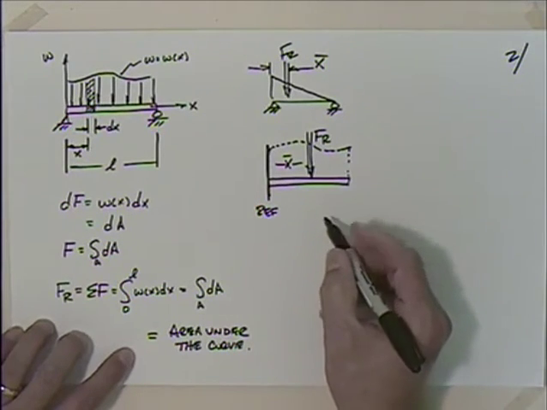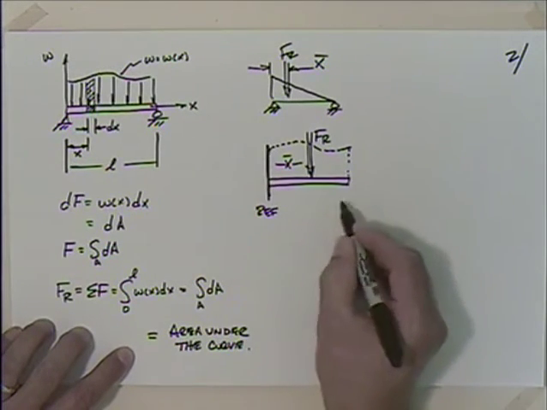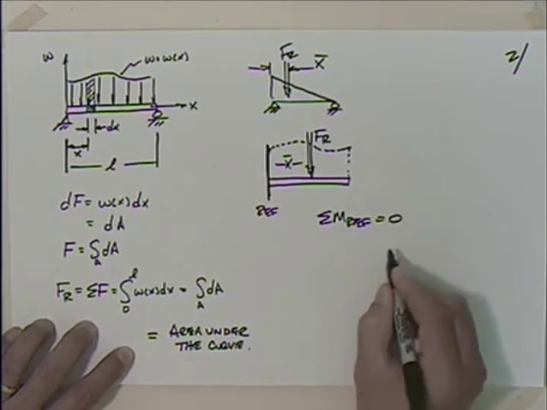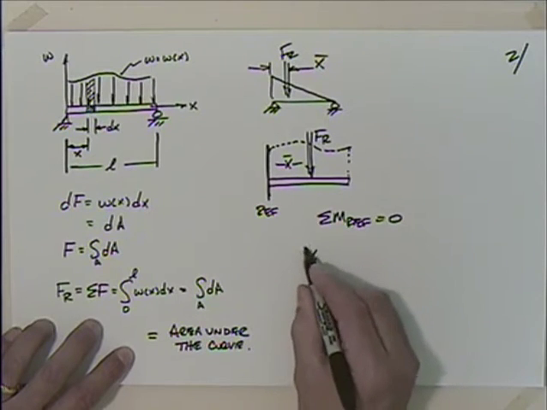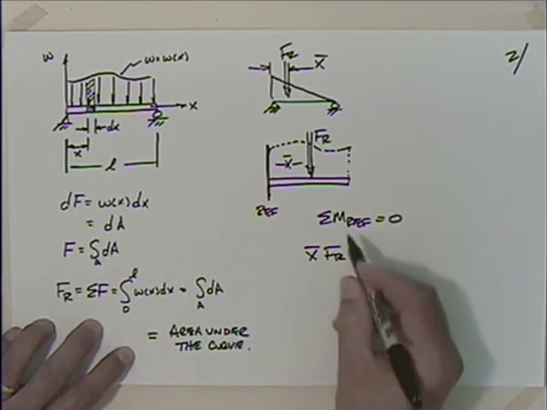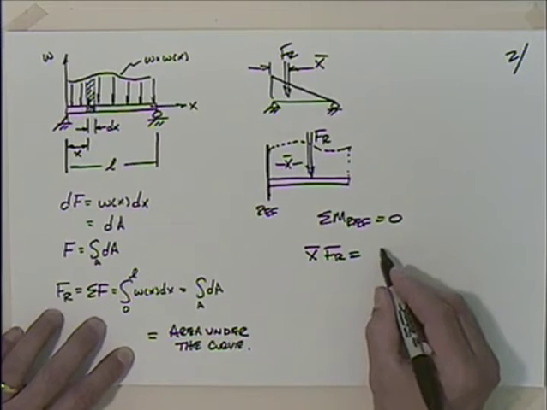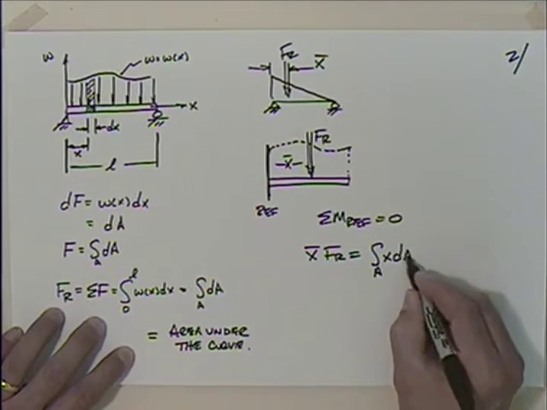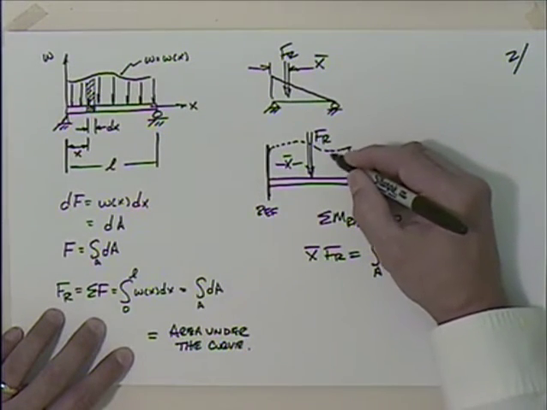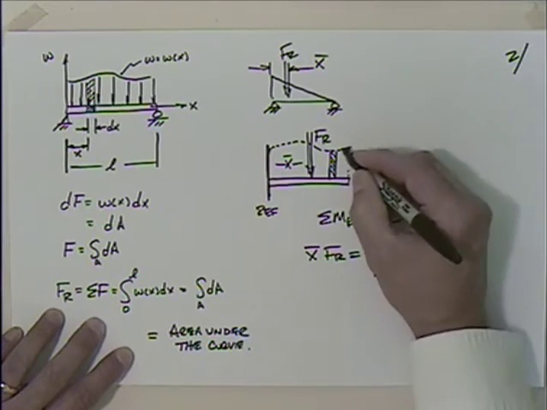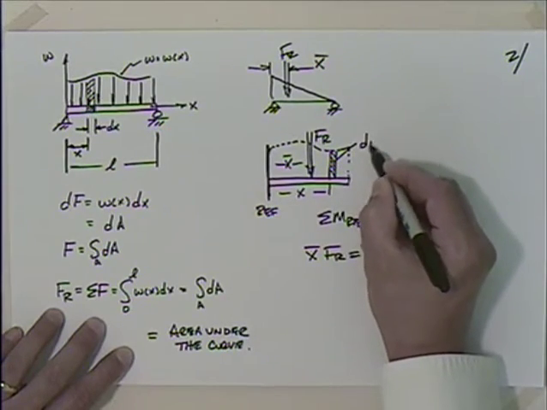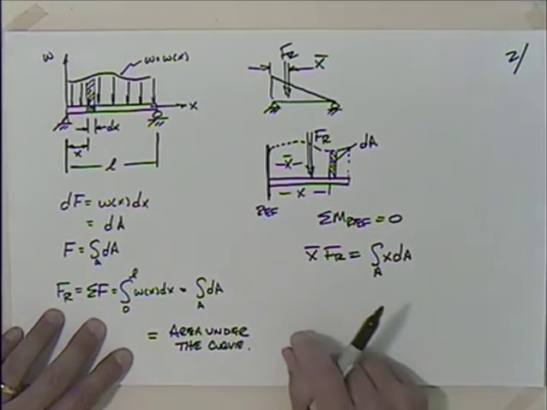Okay, and if I sum the moment about the reference, that has to be equal to 0. So x bar times F sub r would be equal to the integral over the area of x dA. If I were to take each one of these little differential elements here, that's dA, and multiply it by its x, and sum that up, that should be the same.